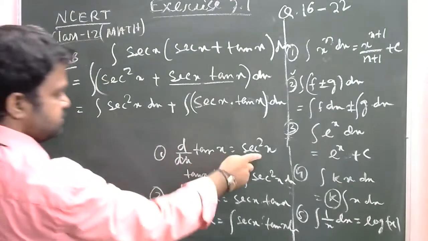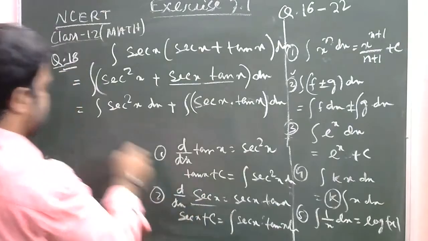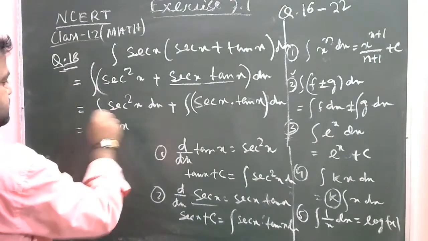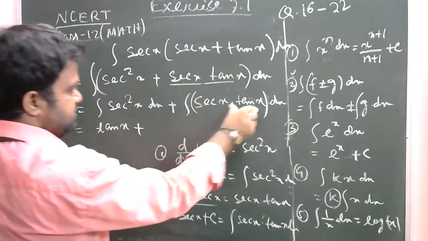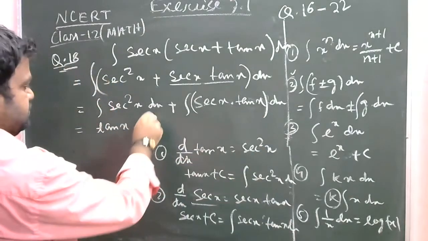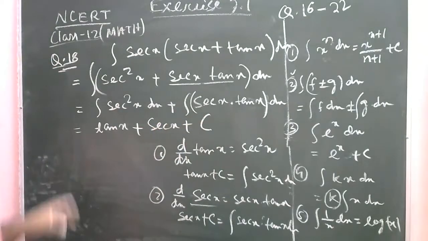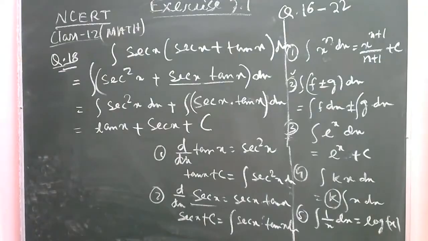Now integration of sec square x is tan x, plus integration of sec x tan x is sec x. Clear? tan x plus sec x plus c.